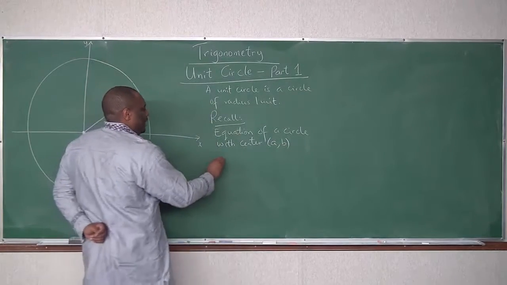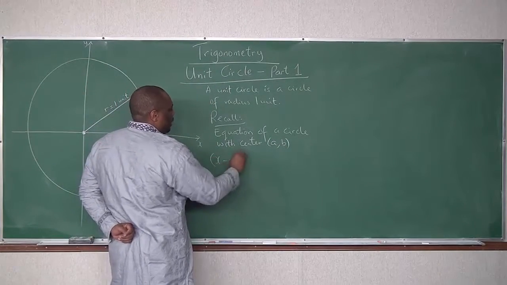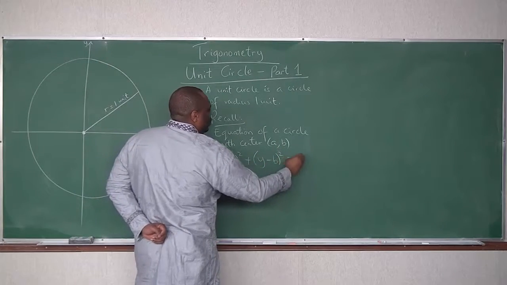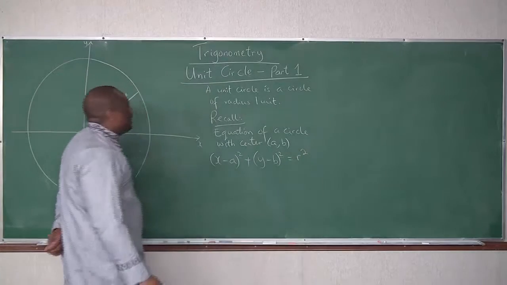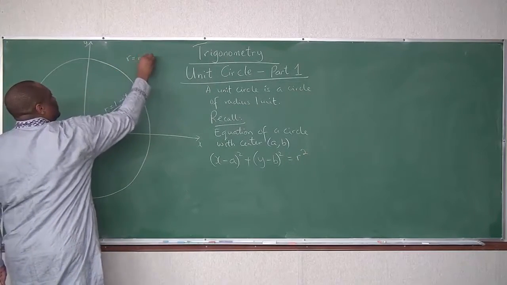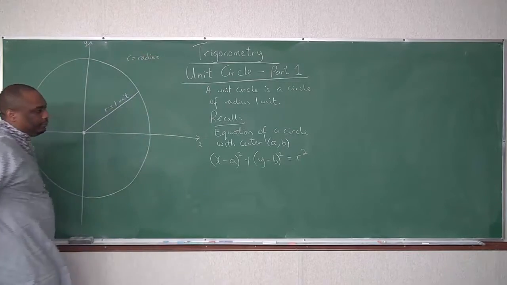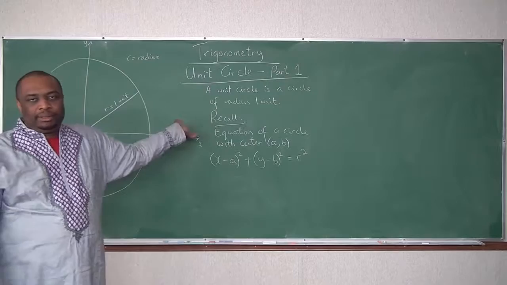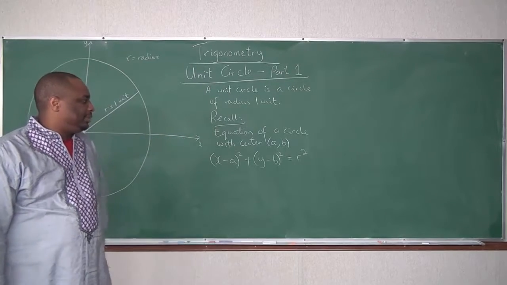It will be (x minus a) all squared plus (y minus b) all squared equal to r squared. And of course, r is the radius. So this is the equation of a circle. You did this in algebra.